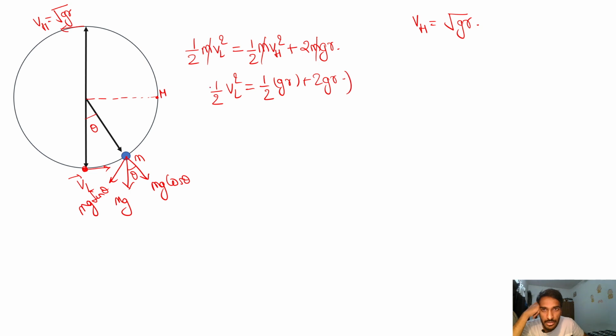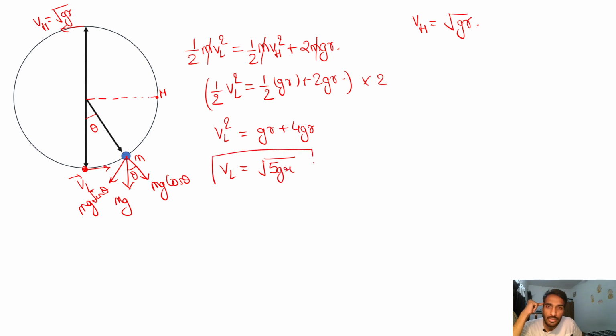Let's say I will multiply this equation by 2. So we'll get vL square is equal to gr plus 4gr. So I will get vL is equal to root 5gr.